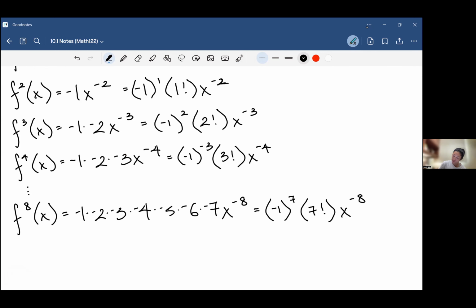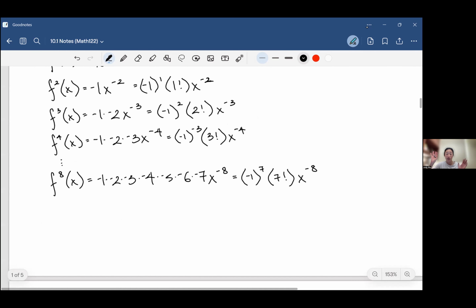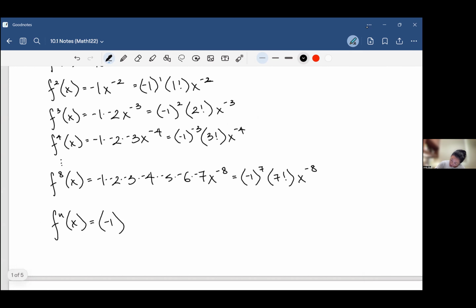Okay, so are we ready to try writing these patterns with n's? Let's give it a try. The nth derivative of f of x is -1 to the n minus 1, right? For the eighth derivative, I only had 7.